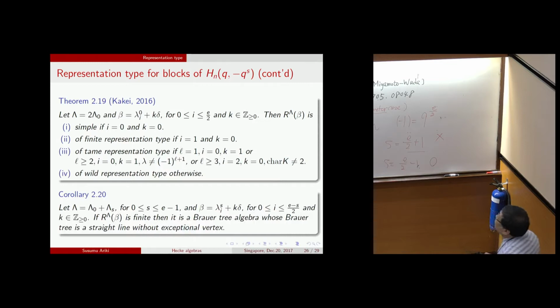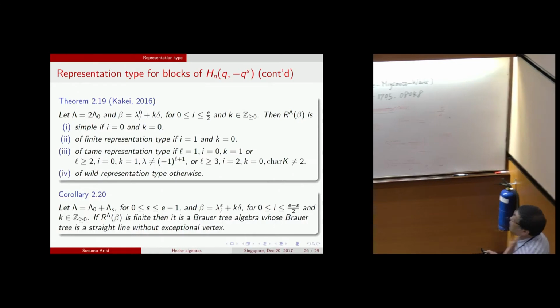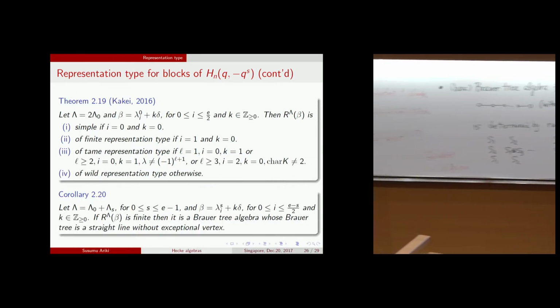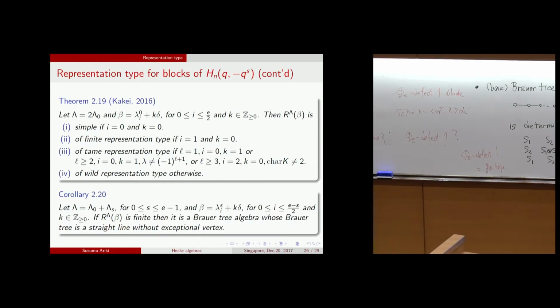Okay? So here a degeneration phenomenon appears. That is, we have a parameter lambda for the A1 KLR algebra. And if lambda is not equal to -1, then they attain this. And lambda equal to -1 is exactly the classical case where the KLR algebra is symmetric.